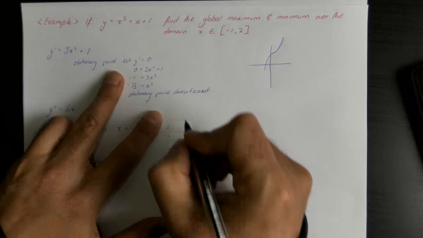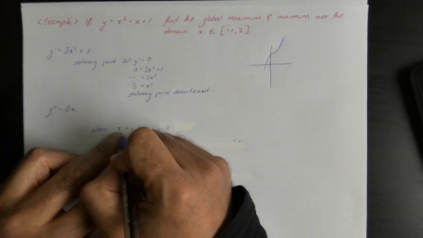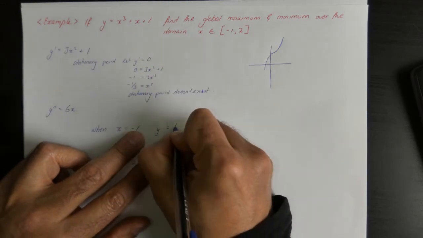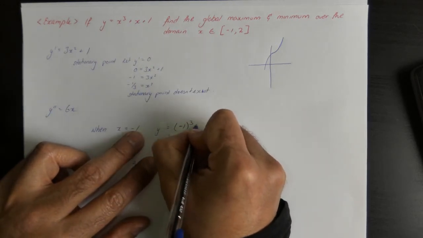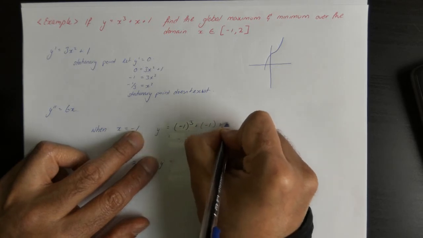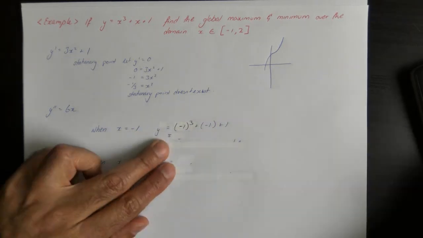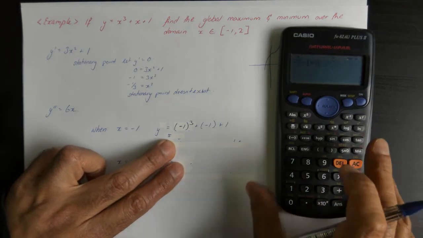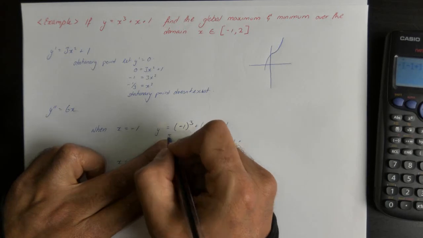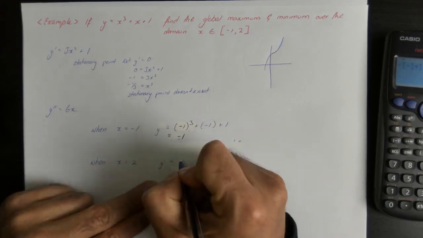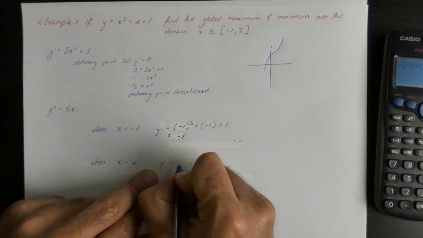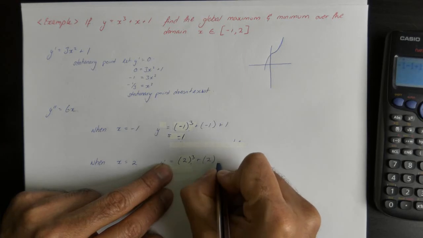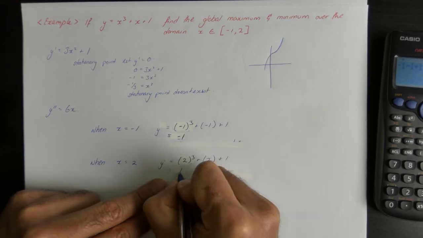Okay, so if I have x equals negative 1 and I plug it back into here, I get negative 1 minus 1 plus 1, y equals negative 1. And when x equals 2, I'm going to get 2 cubed, which is 8, plus 2 is 10, plus 1 is 11.